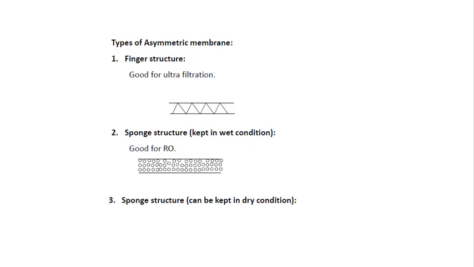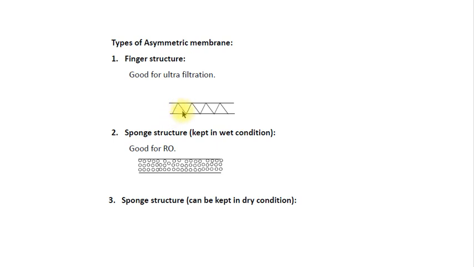Now one more thing about the asymmetric membranes: the support layer or the porous layer may contain different types of pores. Either finger type pores or sponge type pores. This is the part of the support layer where you have the porous structure. In the finger type of pores, you have the large pore size at the bottom and the small pore size at the top.